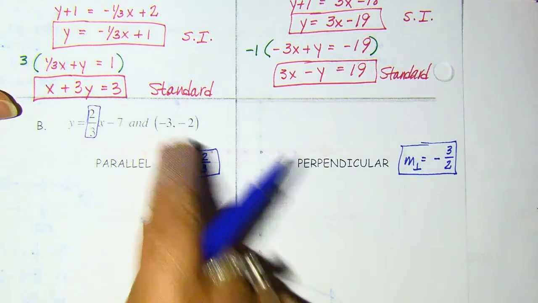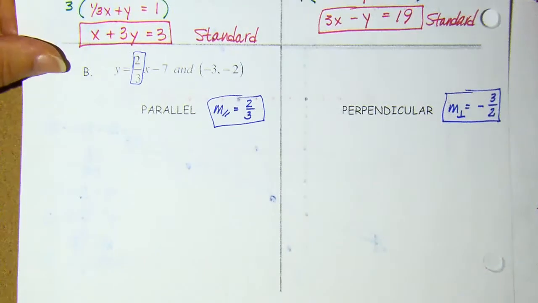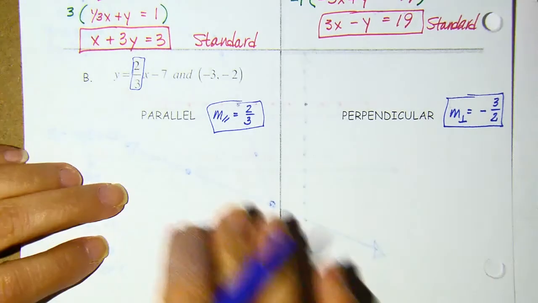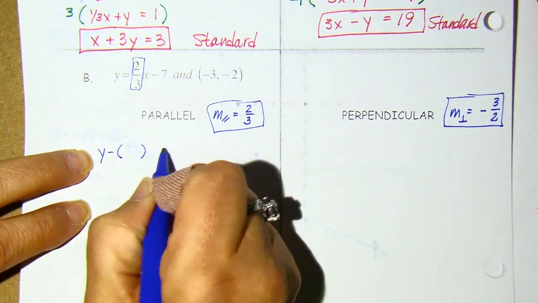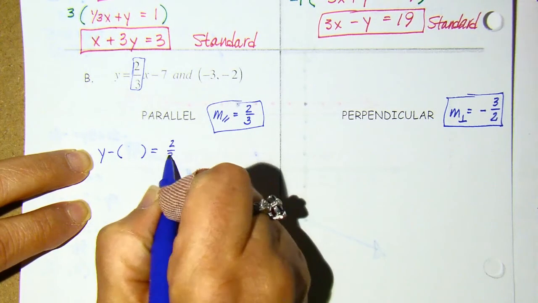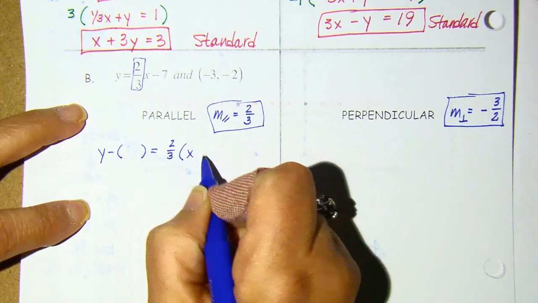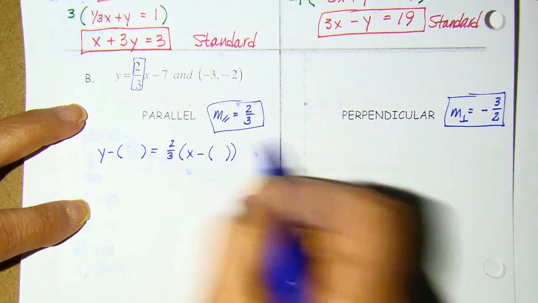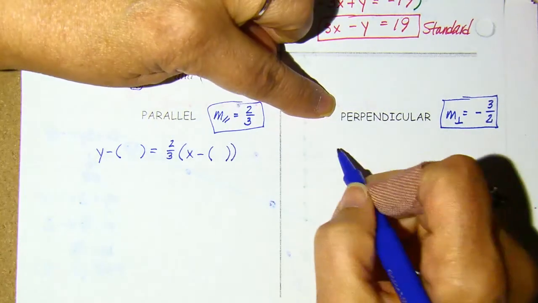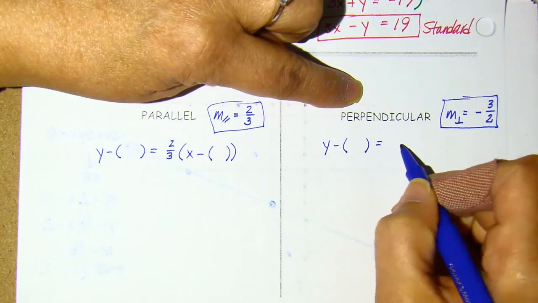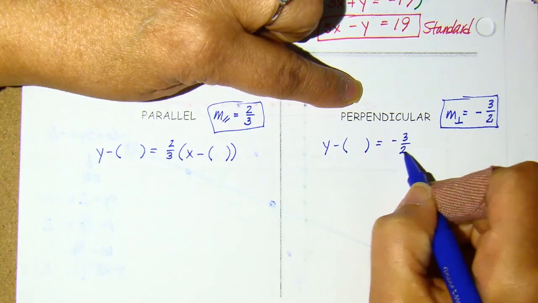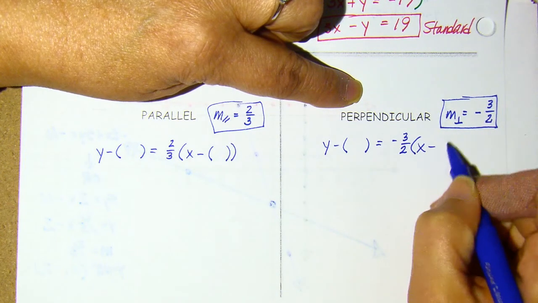My ordered pair is -3, -2. I've got a point and I've got slopes. So I'm going to write out y subtract y from the point equals m, 2/3, multiplied with the quantity x subtract x from the point. Over here I'm going to set it up: y subtract y from the point equals -3/2 this time, x subtract x from the point.